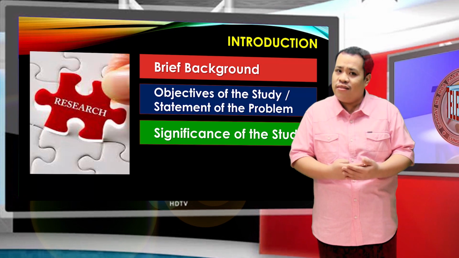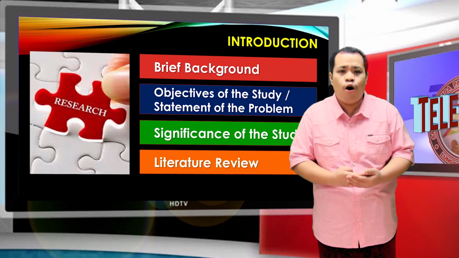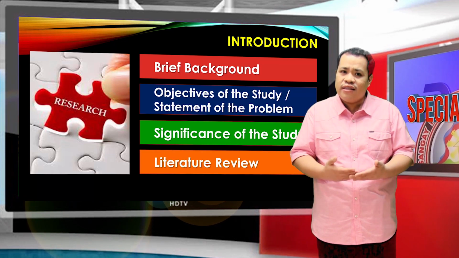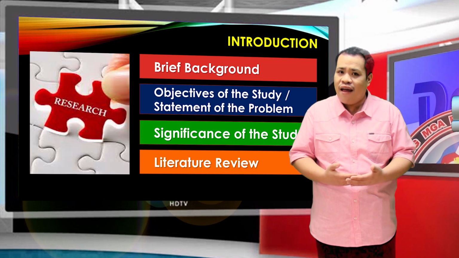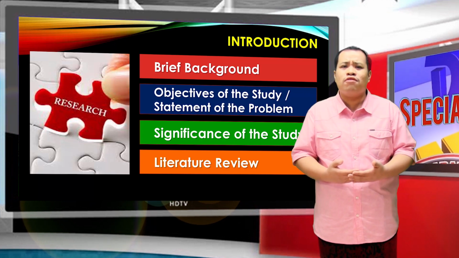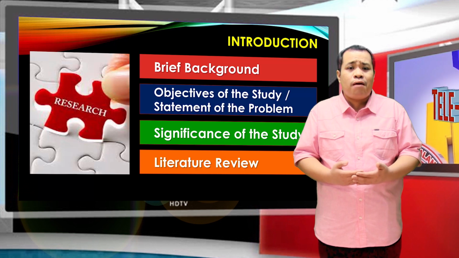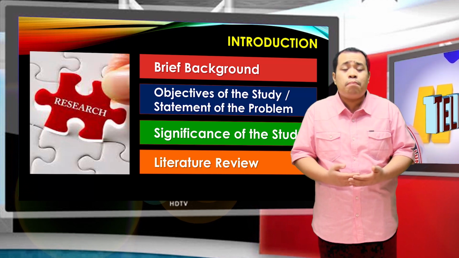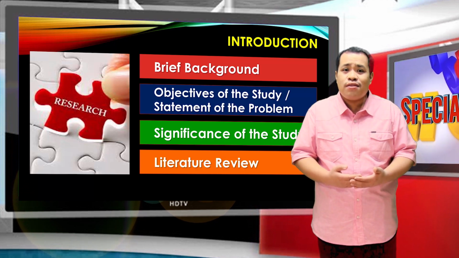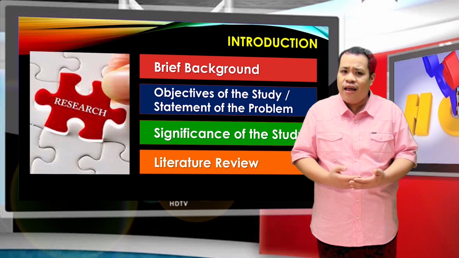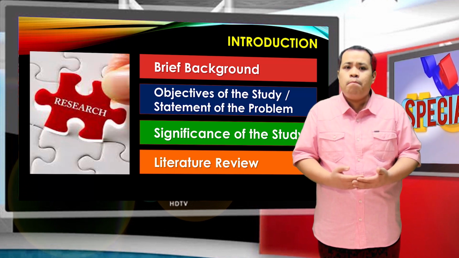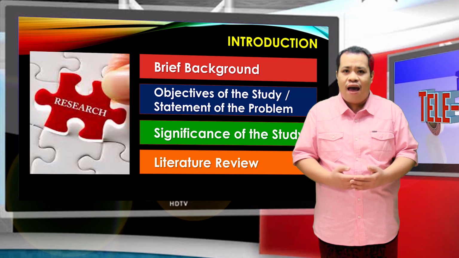And the last segment is the literature review, or review of related literature, or the RRL. This segment of research discusses published information in a particular subject area. Some might think that it is simply a summary of sources, but it is actually more than that.